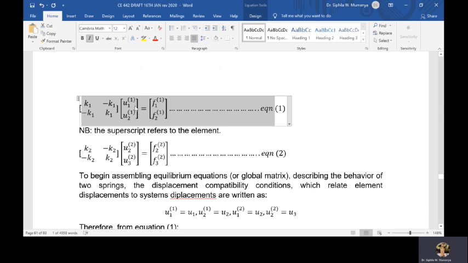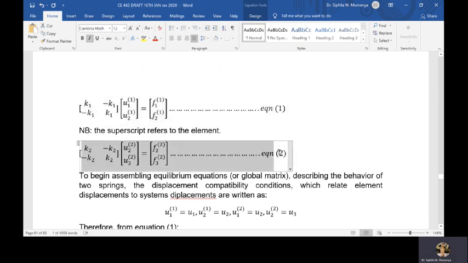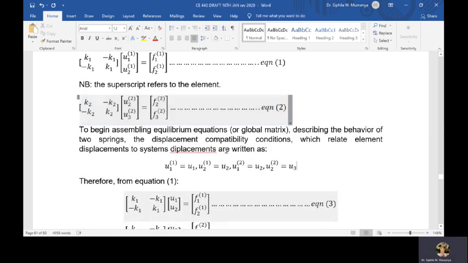So the superscript 1 denotes spring 1. Similarly, we can write equation 2, which relates the stiffness of element 2 with the displacement and the forces of element 2. And we can begin assembling equilibrium equations for the global matrix, where the global matrix represents the individual springs. So the global matrix then describes the behavior of the two springs.